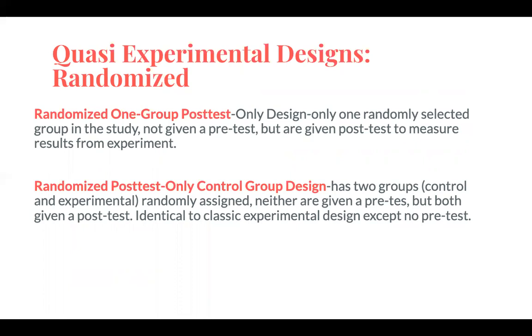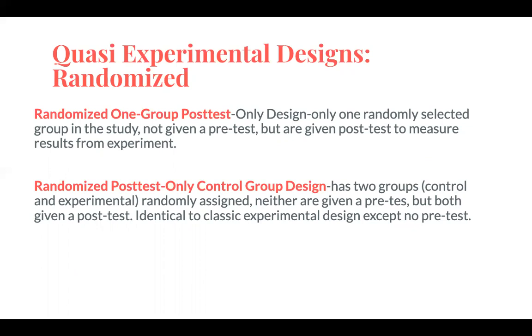There's the randomized one group post-test, or post-test only design. So there's only one randomly selected group in the study. They aren't given a pretest, but they are given a post-test to measure the results from the experiment.